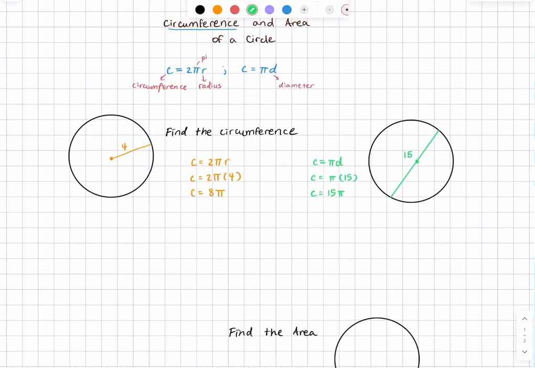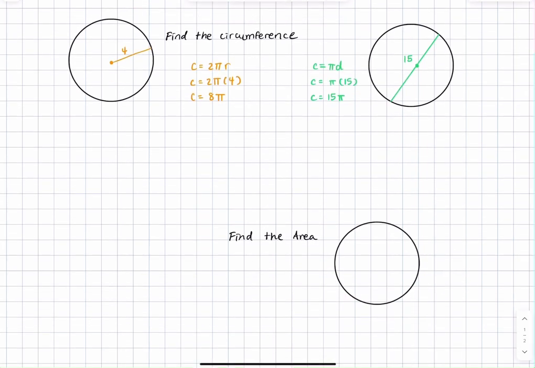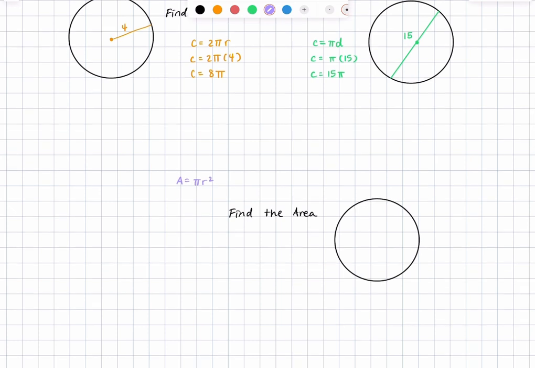Now let's go to area of a circle. The area of a circle has the formula area equals pi r squared. It has to be the radius, and this is the only formula you have for area. So A stands for area, pi is the irrational number, and r is your radius.